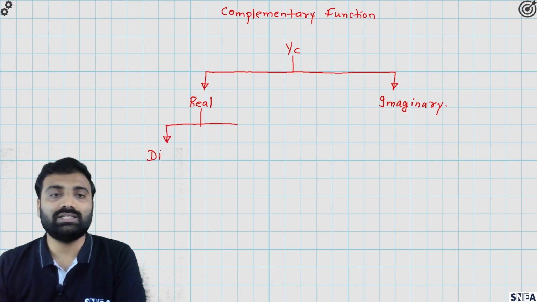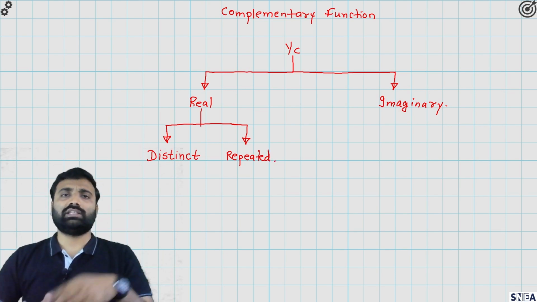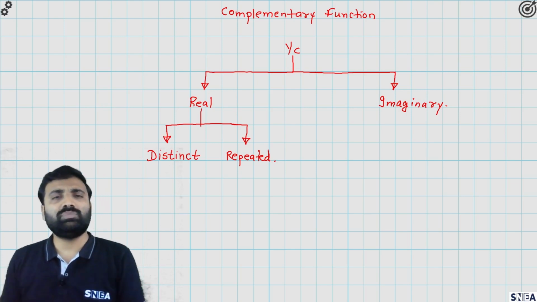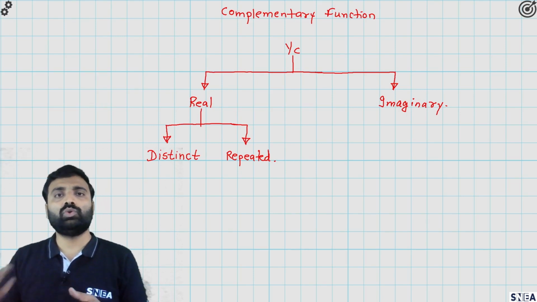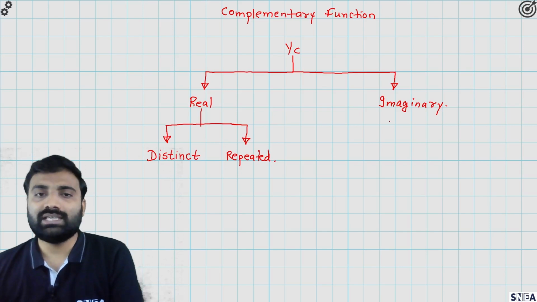First part is distinct. The second part here will be what, students? It will be repeated. Means if your answer is distinct मतलब different. अगर आपका root different आया, 3 आया, 2 आया, then you will use this case. If your answer is repeated, means अगर आपका answer आया 2 2 2, then it will be repeated.